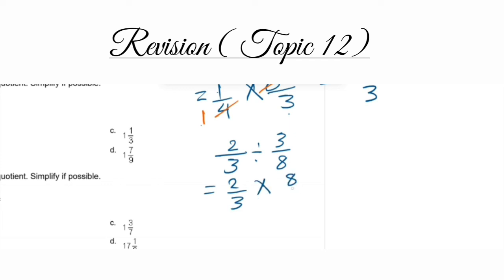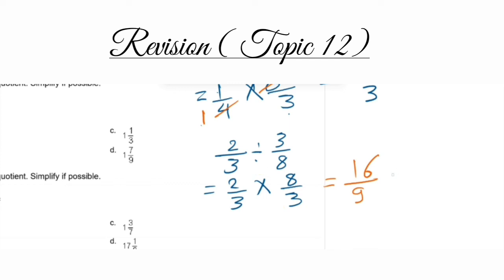The reciprocal of 3/8 is 8/3. Simplify if you can. Here we can't simplify anything because 2 and 3 are not divisible by the same number. The same for 8 and 3. So we will multiply 2 by 8. It will be 16. And 3 by 3, that's 9.